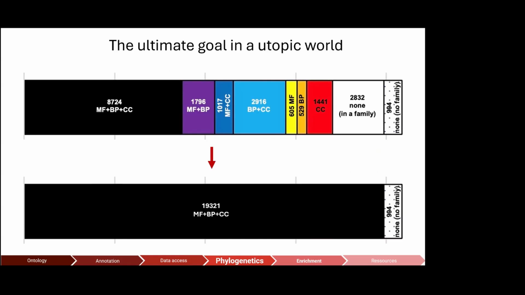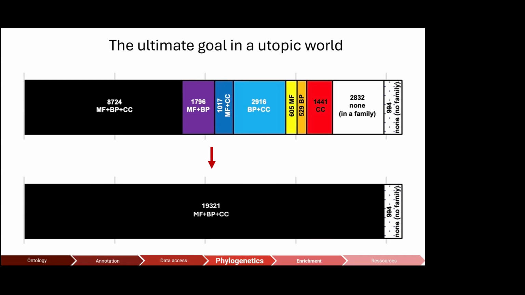The ultimate goal, of course, I'm utopic, because I explained to you the case of the white ones, is to have the three aspects for all the human genes for which we know that they exist. So this is really what we try to get. We will never get this because one day we'll reach a plateau, a moment when the genes are not studied, so we cannot do anything about this.